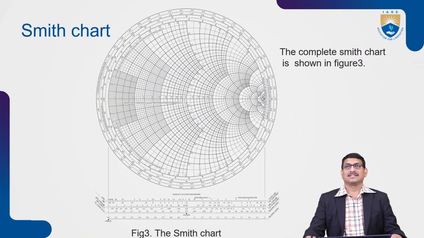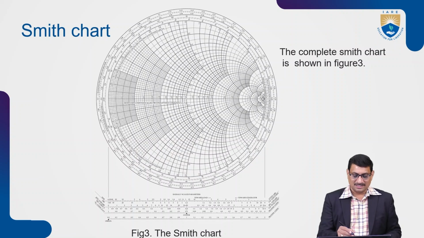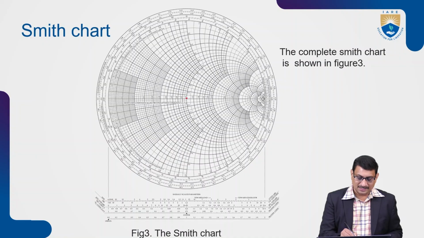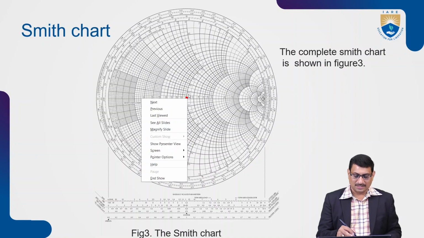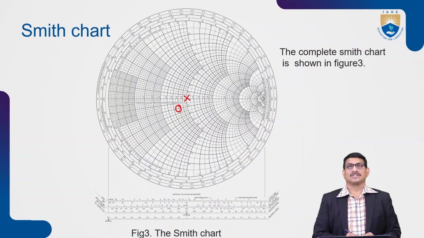This is the complete Smith chart, which has both the superposition of R and X circles, and here the R is equal to 1 circle at this point is called the center of the Smith chart.